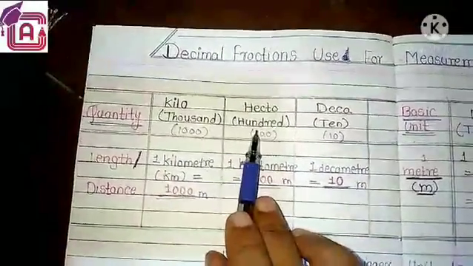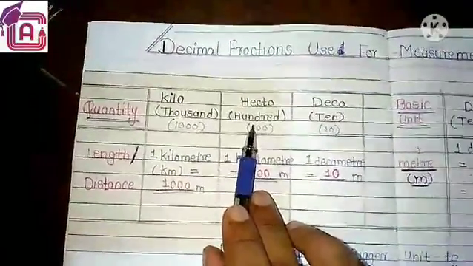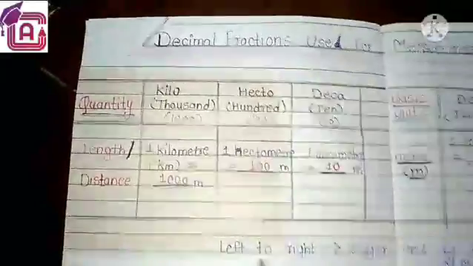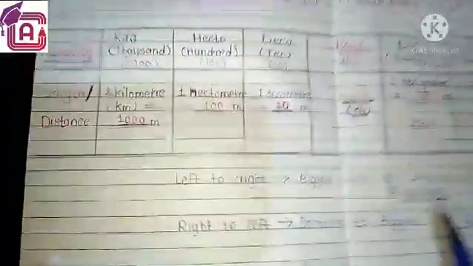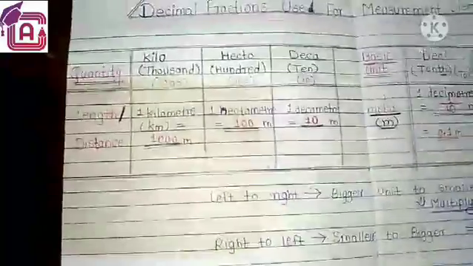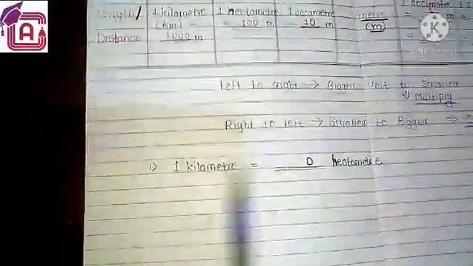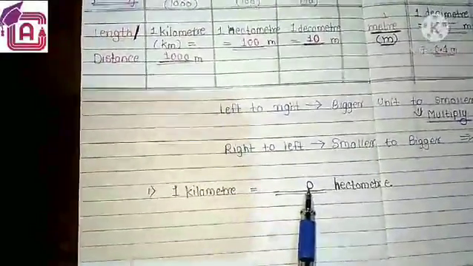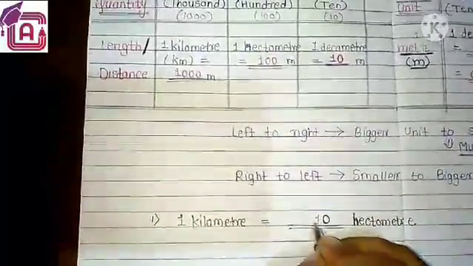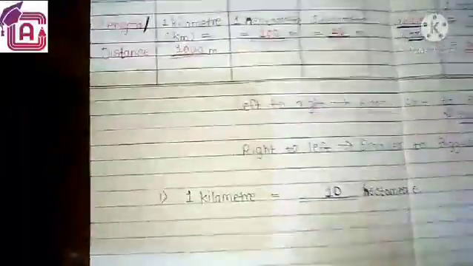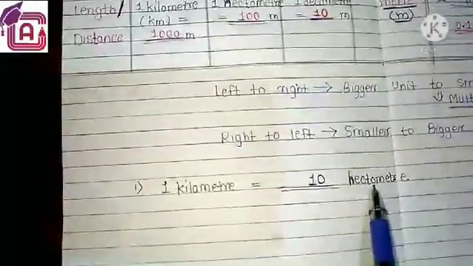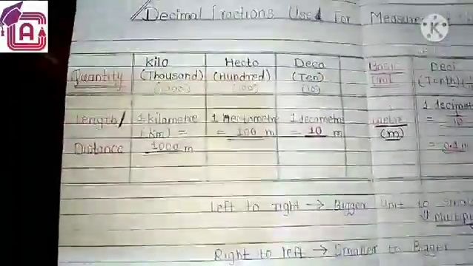So we know when you are going from left towards the right, multiplication. So at that time we are putting 0. So I am only writing 0 and before that writing 1. So 1 kilometer is equal to 10 hectometer.